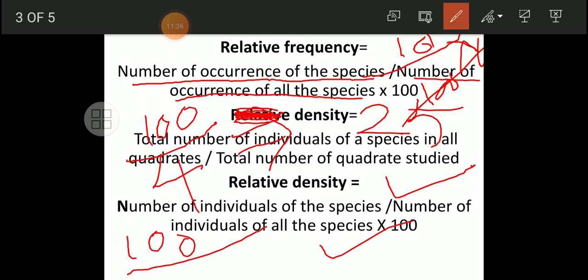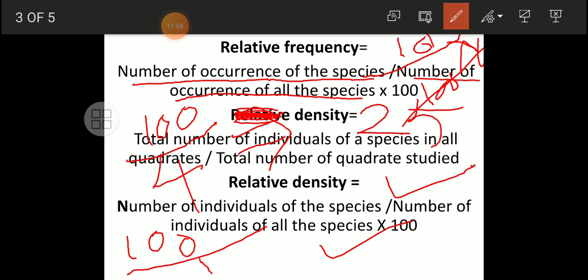Maybe Sporobolus grass is there, maybe Boerhavia diffusa plant is there, maybe Argemone mexicana is there, isn't it? Maybe Dudhani, so that type of plants are there. त्याचा नंबर किती आहे?